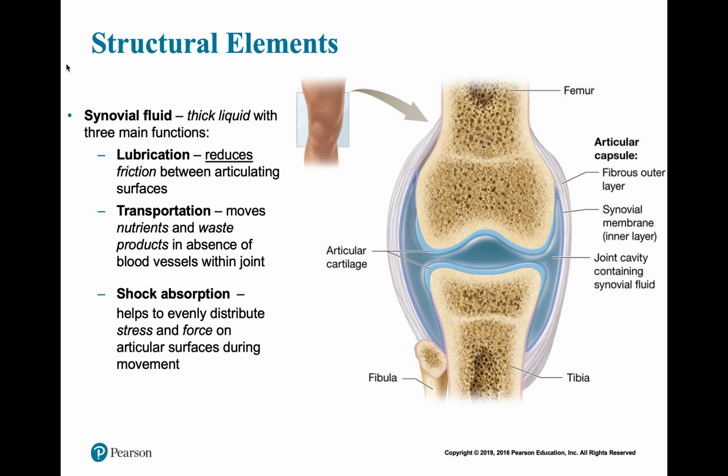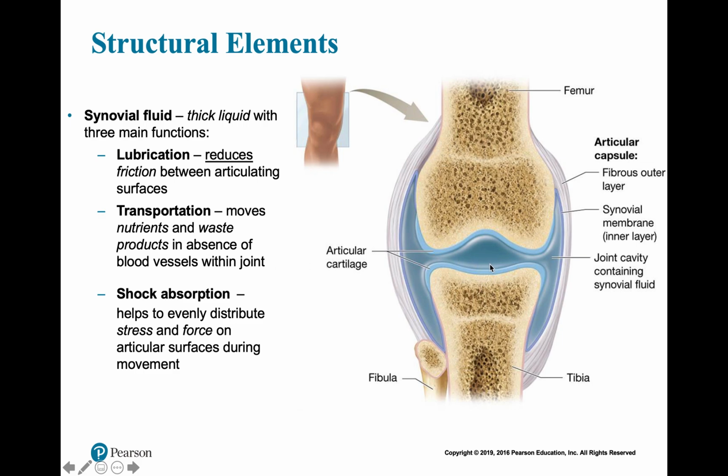So one of the big functions of synovial fluid is lubrication. It helps reduce friction between these two bones. Since this joint is freely movable, these bones are constantly gliding past one another, especially with the knee. There's compressive forces of the femur bearing down on the tibia. So the synovial fluid helps lubricate, okay, reduces friction.